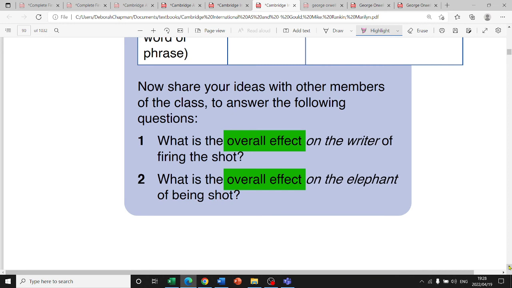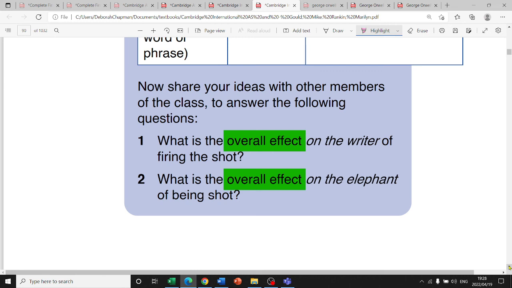I also want you guys to keep in mind, okay, at the end of that video, Teacher Adna was talking about how you're going to connect your ideas in a larger way to the overall effect of firing the shot on the writer.